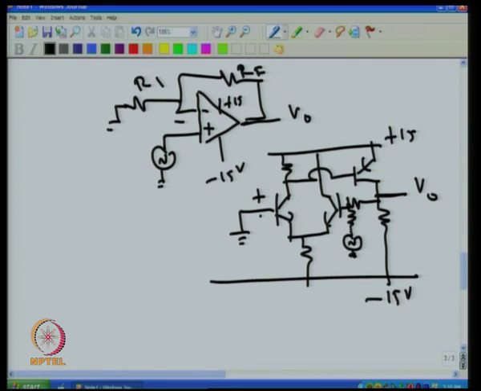So if this point has to become 0, that means this and this have to be out of phase, 180 degrees out of phase, and according to the resistance ratio, the output also has to come in. Now that is what happens in the case of the inverting amplifier.